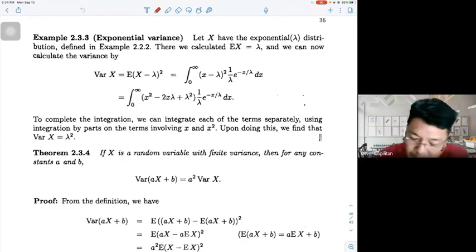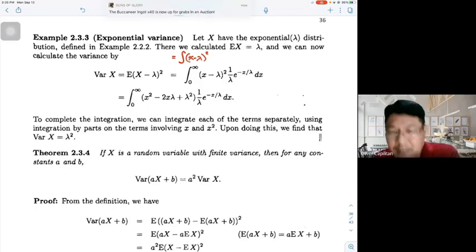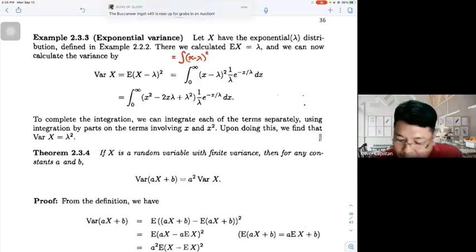And then if we're going to consider the definition of the expectation, this should be the improper integral of x minus lambda quantity squared, times the probability density function of our random variable x.